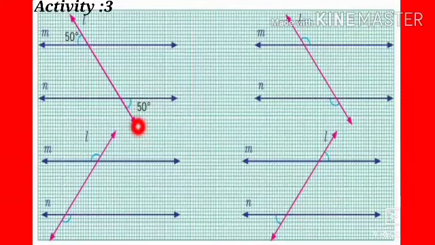Now, let us see the activity. Observe the marked alternate exterior angles in each figure.